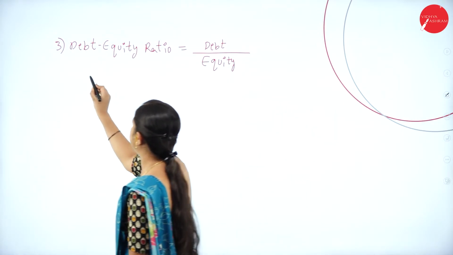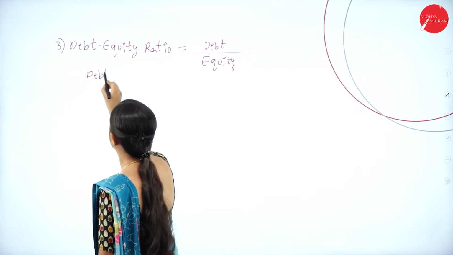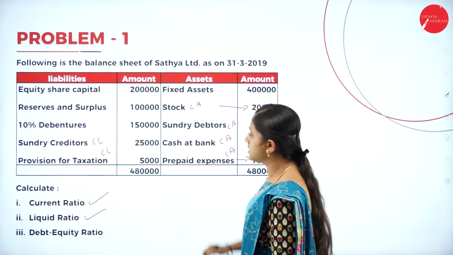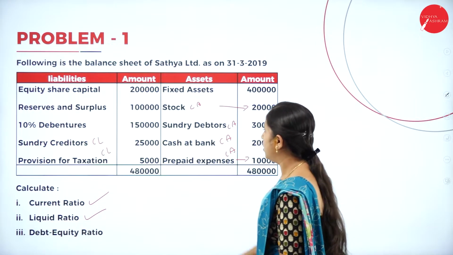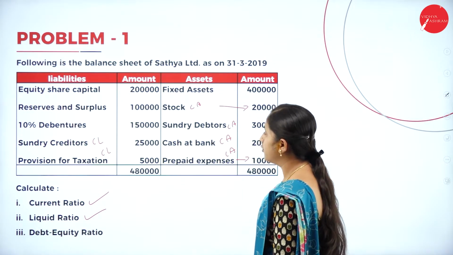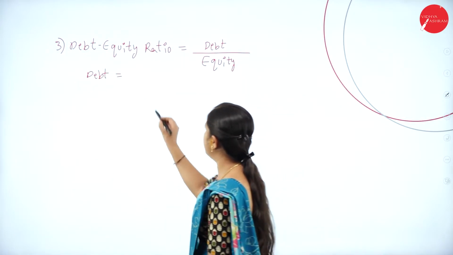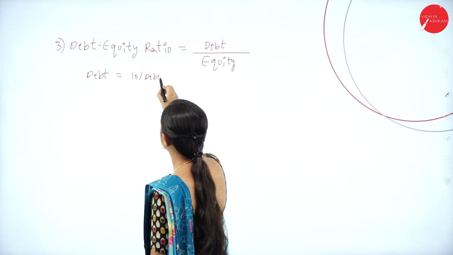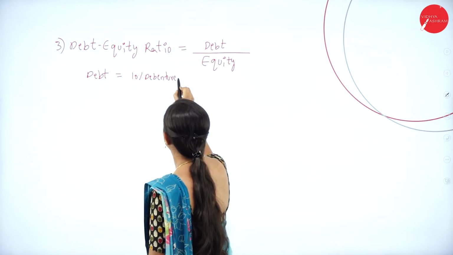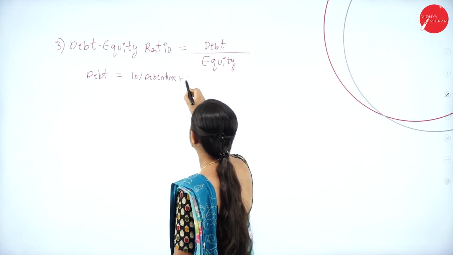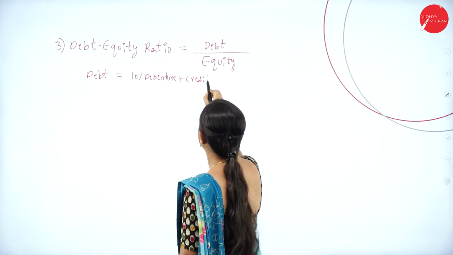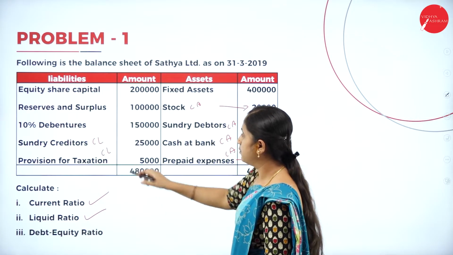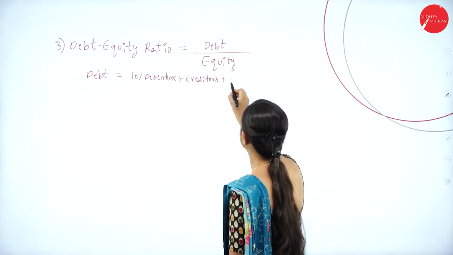For this calculation, debt includes total liability, that is 10% debenture, sundry creditors and provision for taxation. Debt is equal to 10% debenture plus creditors plus provision for taxation.